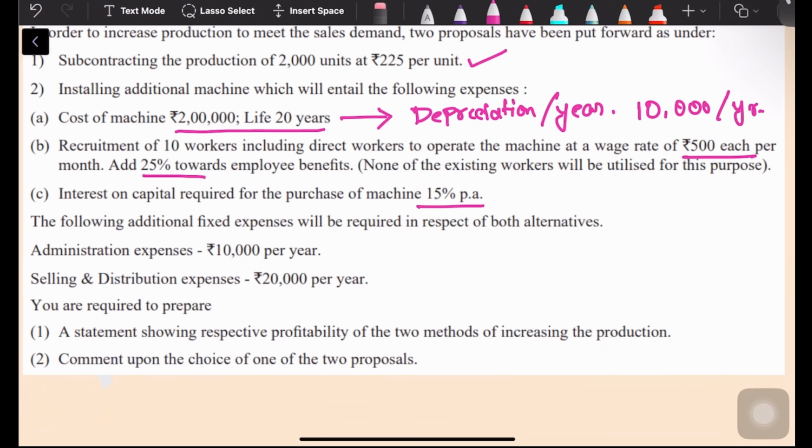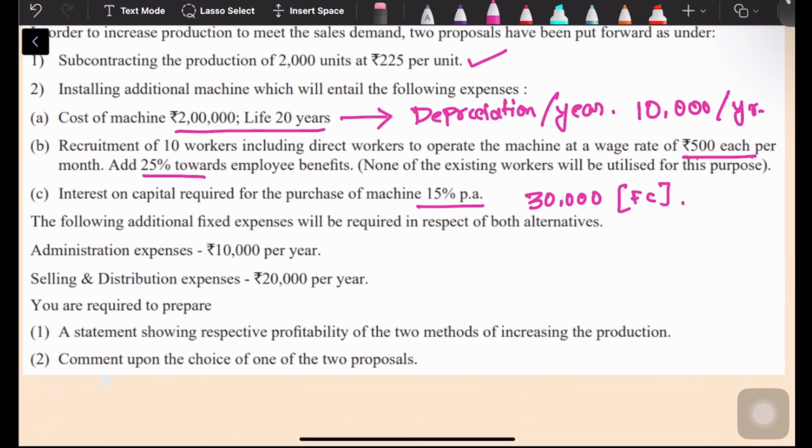So 2 lakh on that 15% I have to charge. So that also gets included. So 2 lakh into 0.15, 30,000. So 30,000 additional fixed cost.